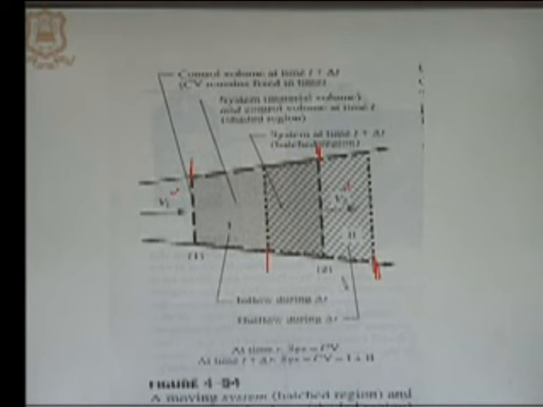So, what is the change in properties? Now, if we want to relate this control volume to control mass, at time t the system property and control volume property both were the same.